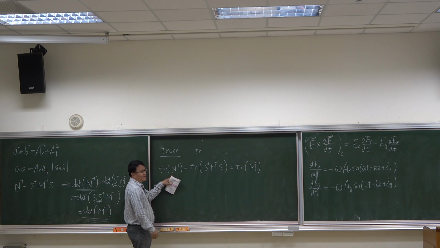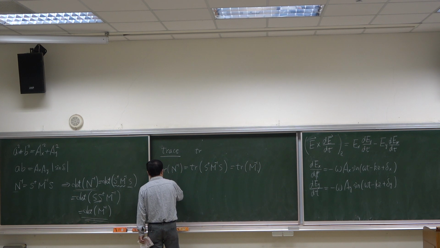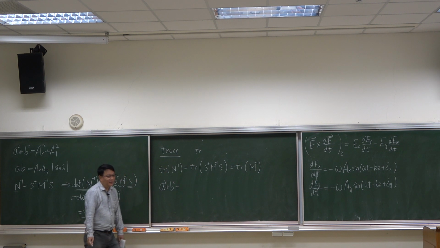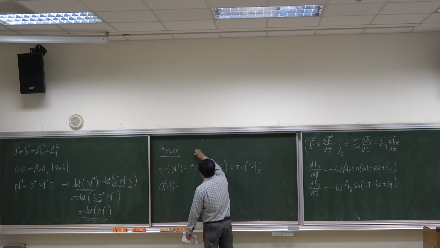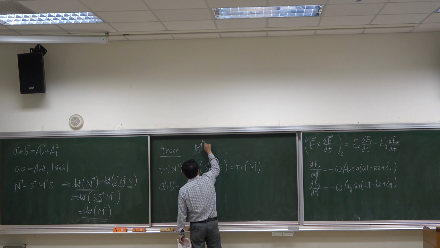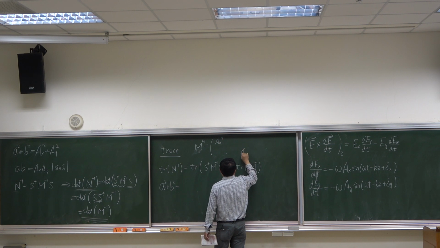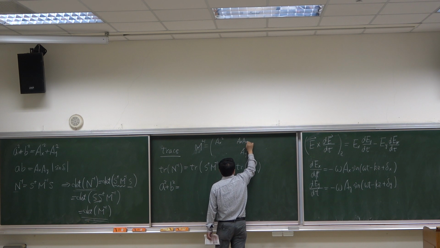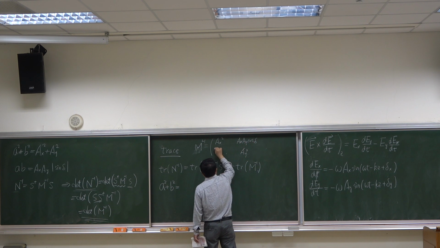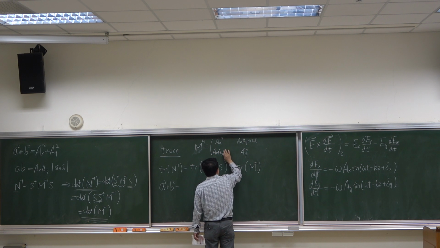So what is the sum of the diagonal elements of N inverse? It is just A squared plus B squared. And what is the trace of M inverse? Remember that M inverse is just this: AX squared, AY squared, AX AY cosine delta, AX AY cosine delta.